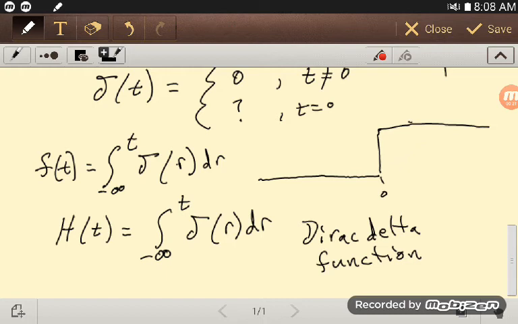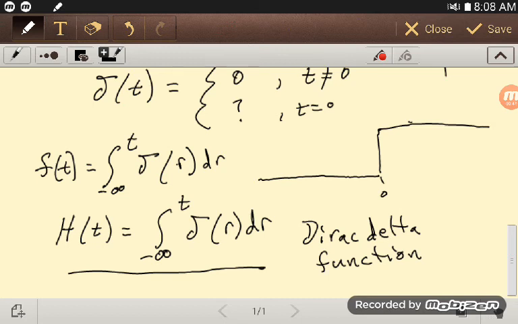So our Heaviside function is related to the Dirac delta function this way: if we integrate, or take the antiderivative of, the Dirac delta, we get the Heaviside function. If we take the derivative of the Heaviside function, which seems like something we can't do, we get the Dirac delta function.